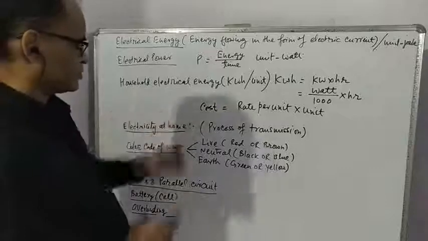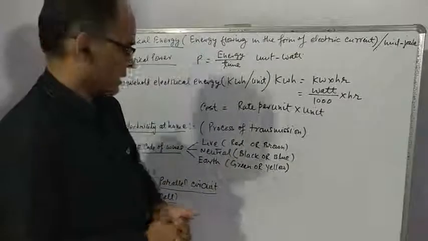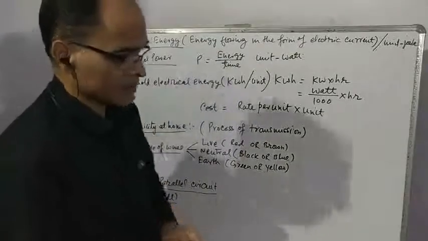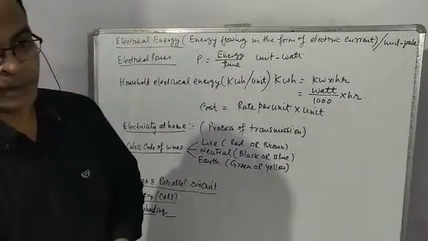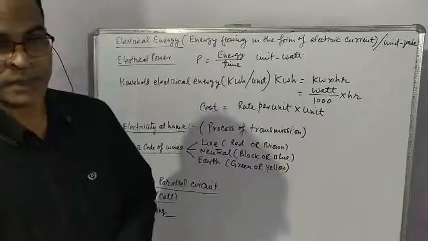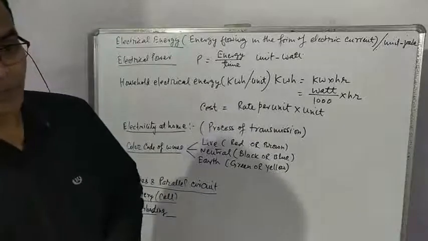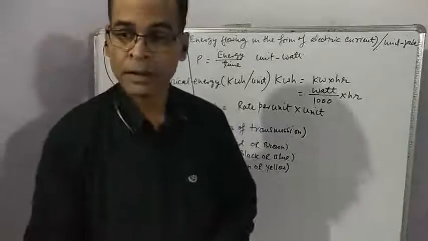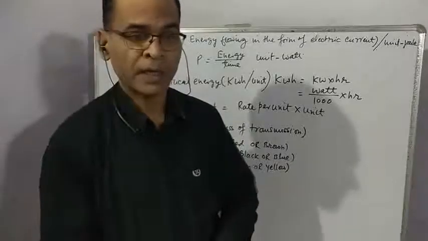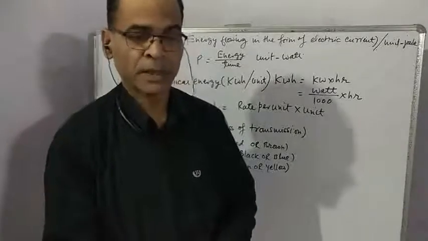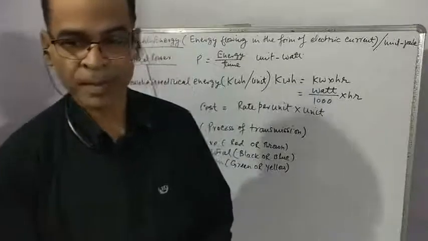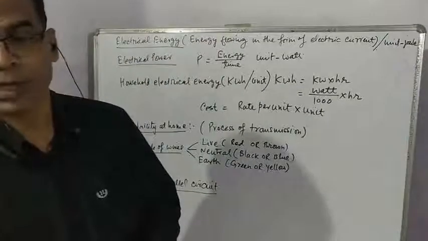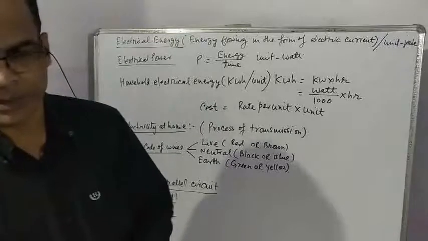Electricity at home. In this topic we will understand the basic idea of transmission of electrical energy from power plants to your houses. Electricity is produced in different types of power plants: coal-based power plants, hydroelectric power plants, windmills, solar power plants, and many others.